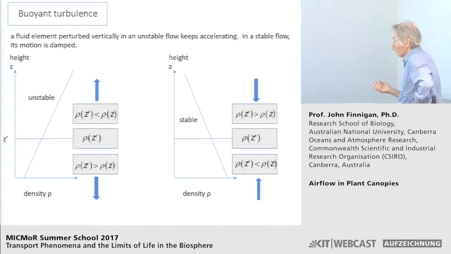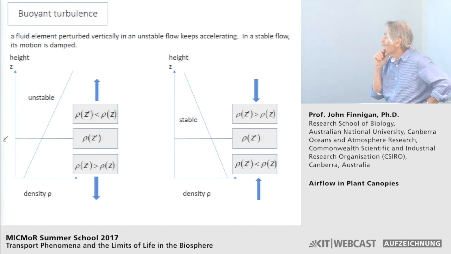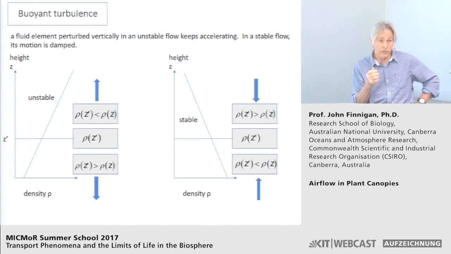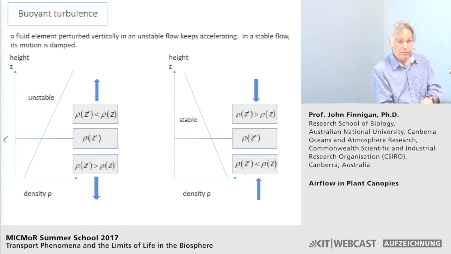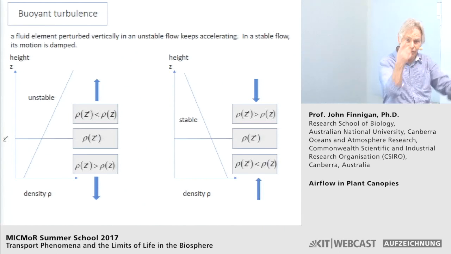Now, buoyant turbulence, the candle flame picture, is a bit different. On the left-hand picture, you see an unstable density gradient. So the lighter air is below and the heavier air is above, and you immediately think that's got a tendency to turn over.